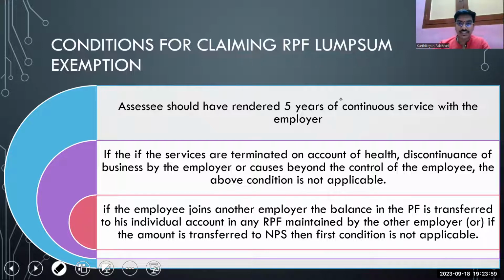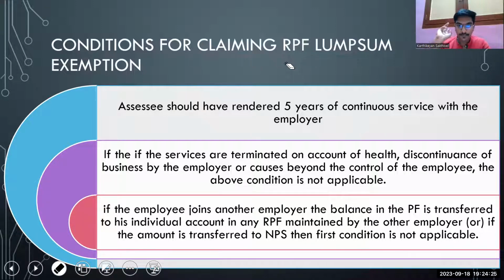If the assessee has not rendered 5 years of continuous service and is terminating from the employment before 5 years, but he gives the UAN to the new employer and asks them to contribute to it, or the whole amount is transferred from that account to the RPF maintained by the new employer, in that case no penny will be taxable in the hands of the assessee.